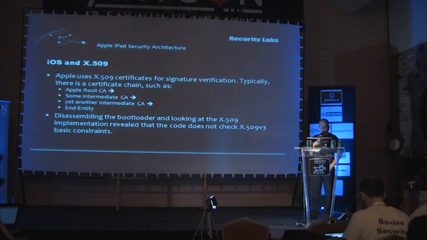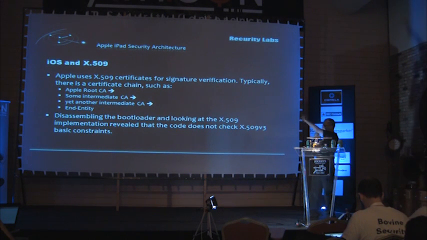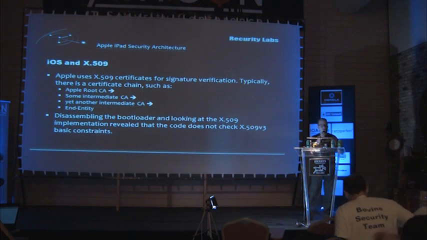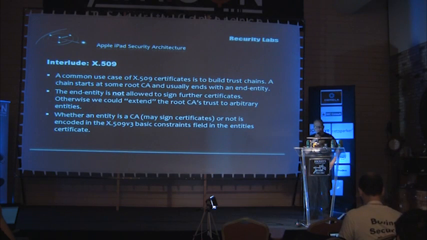And then we looked at this bootloader and how it does it in detail, and found out that they are using X509 certificates and a certificate chain from an Apple root CA over some intermediate CA to entities. And we looked at the code and found out that it doesn't verify basic constraints. Now, short interlude, what are basic constraints?